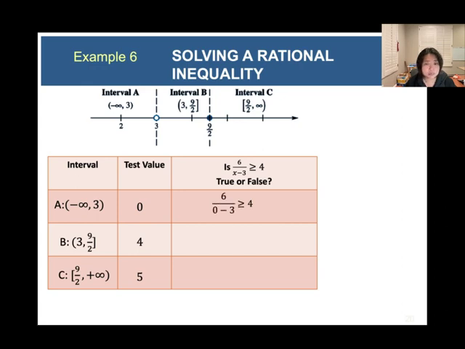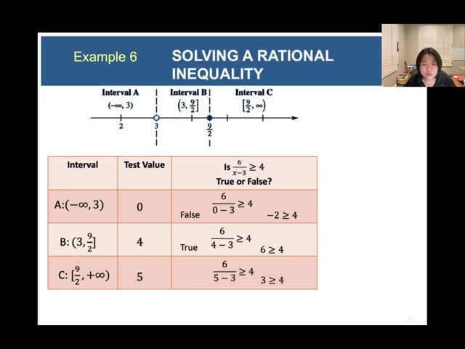So you're going to get negative 2 greater than or equal to 4. So this is a false statement. And then plug in x equals 4. I'm going to get 6 greater than or equal to 4. So this is good, this is a true statement. Last one, plug in x equals 5.